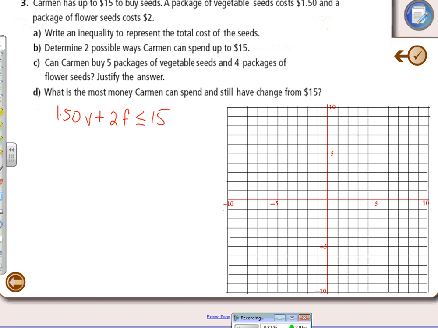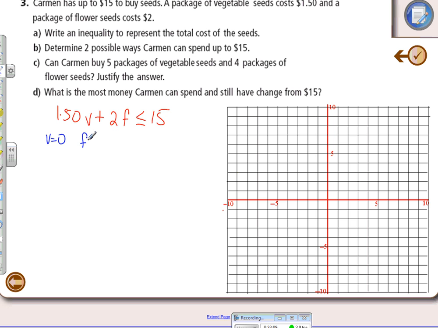Okay, so then in order to graph this, so that we can see how we can answer the rest of the questions, I could either choose which one is x and y, it doesn't really matter, or we can use the intercepts. I'm just going to use my intercepts. When v equals 0, if I buy no veggies, I can just plug that in and work it through.